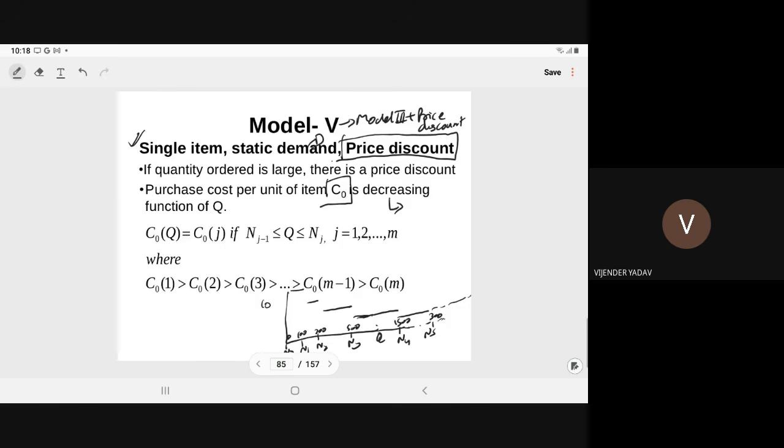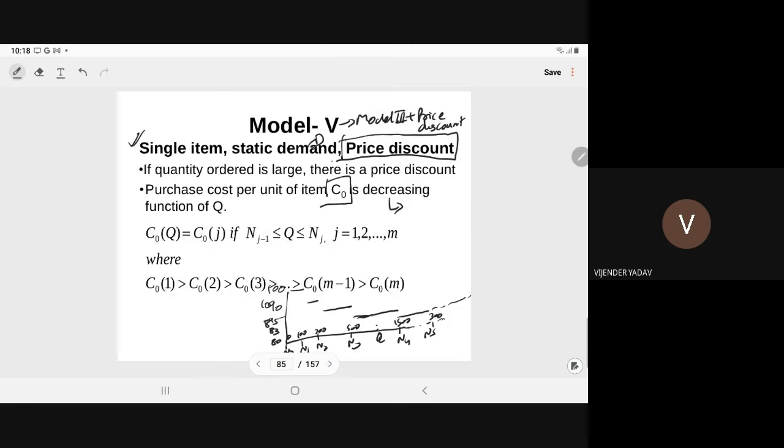Let the unit price here be 100, here 90, here 85, here 83, and here 80. We have some limit, after which you cannot reduce the unit cost. In this way we have the price discount.